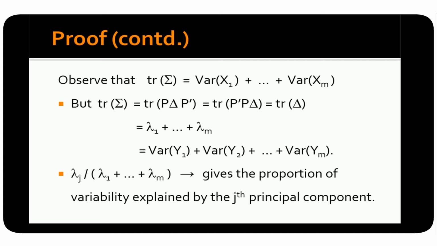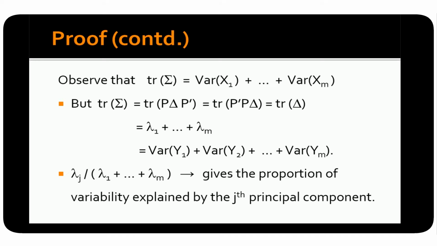Now, remember the trace of sigma is basically the sum of its diagonals, which are the variances. So, the trace of sigma is the sum of the variances of the x's, which is the total variability. But the trace of sigma is also the trace of p delta p prime, and since the trace of AB is the trace of BA, the trace of p delta p prime is equal to the trace of p prime p delta, and p prime p being orthogonal, this is I, and this is equal to the trace of delta, and the sum of the diagonal elements of delta is the sum of the eigenvalues.